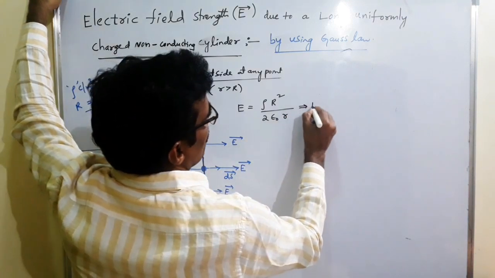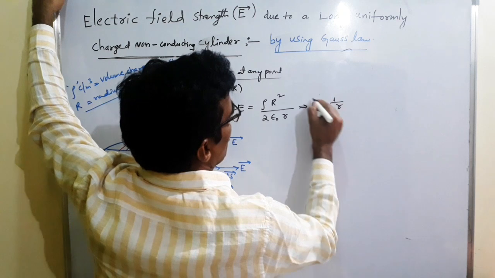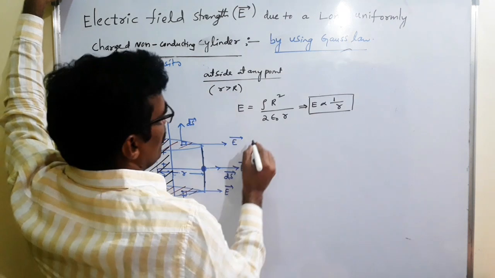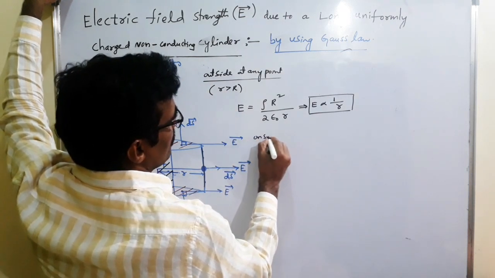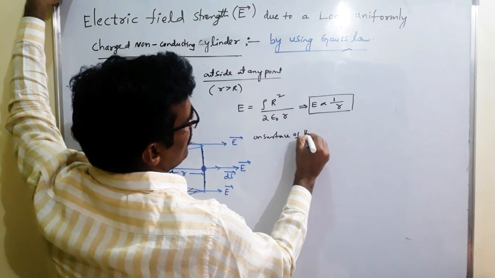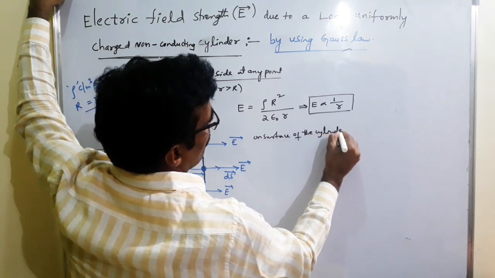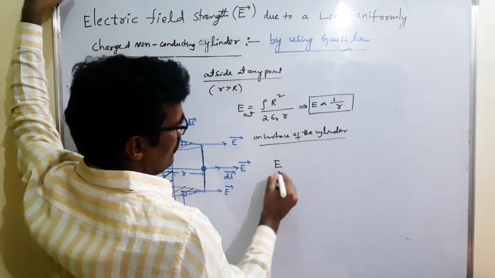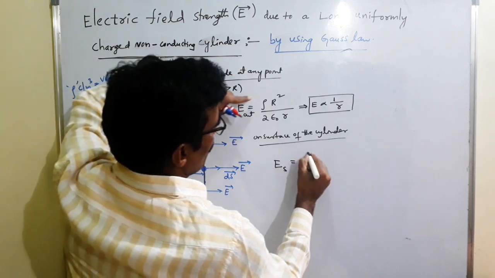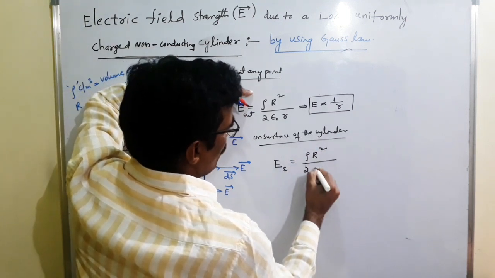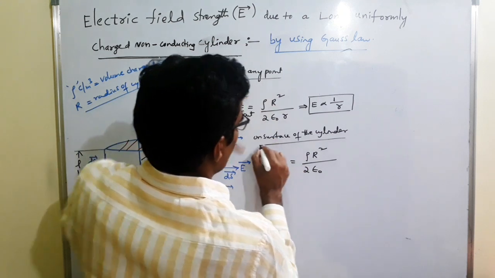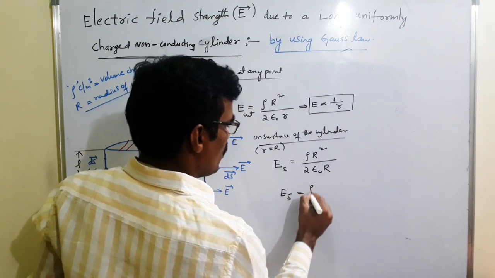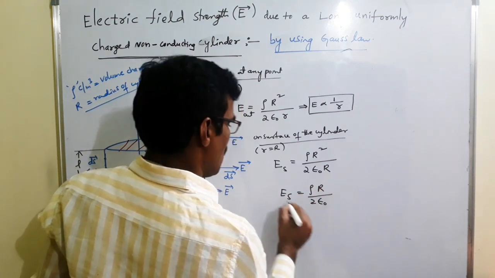For this case, E is inversely proportional to r. Next, on the surface of the cylinder, small r becomes capital R. Therefore, E at the surface equals rho capital R by 2 epsilon naught.